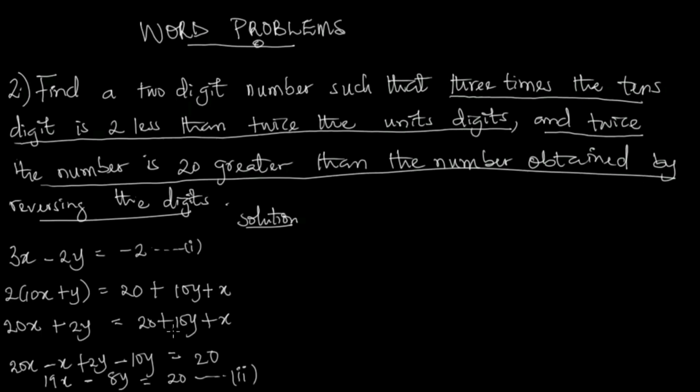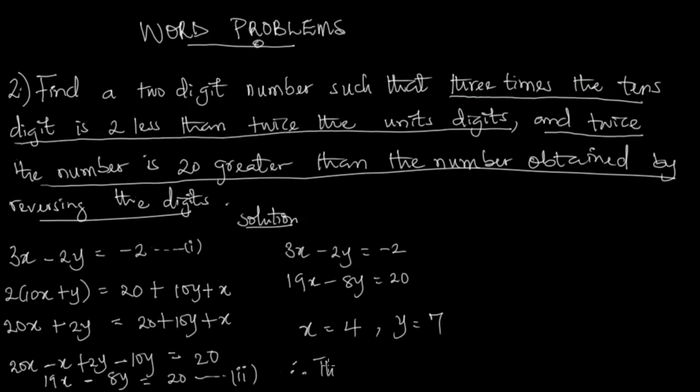Now we're going to solve these two equations simultaneously. 3x minus 2y equals minus 2, and 19x minus 8y equals 20. When you solve this simultaneously by using any of your preferred methods, you're going to get a value of x as 4 and the value of y as 7.